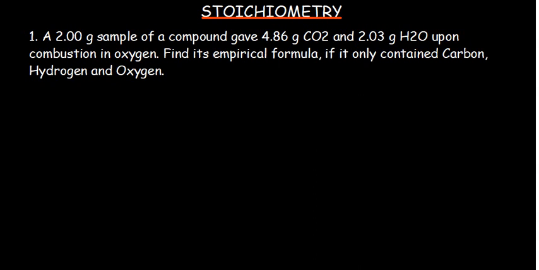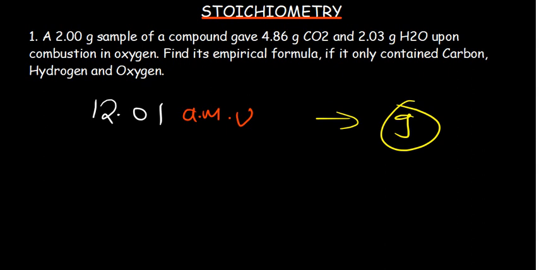There's also an aspect that requires you to understand the conversions from the units that are used on the periodic table. I said the units that are used for our molar masses is atomic mass unit, right? So now you need to understand as a chemist how to convert from atomic mass units to grams. Are we together? Because in some cases in different topics, they are going to give you your masses in terms of atomic mass units, but as you are doing your calculations, you need to be very careful.